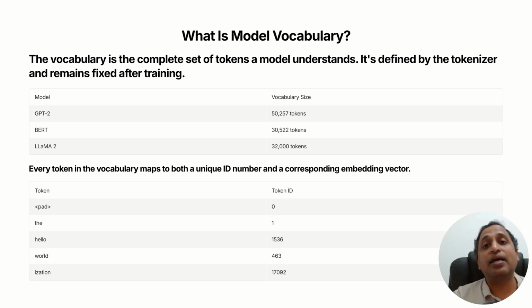Every model has its own vocabulary size. GPT-2 has 50,257 tokens, which is fixed for that model for the rest of its life. So even if you want to fine-tune that model, you have to use only the tokenizer for that model. To summarize, the tokenizer builds the model vocabulary and then the model learns to understand it.